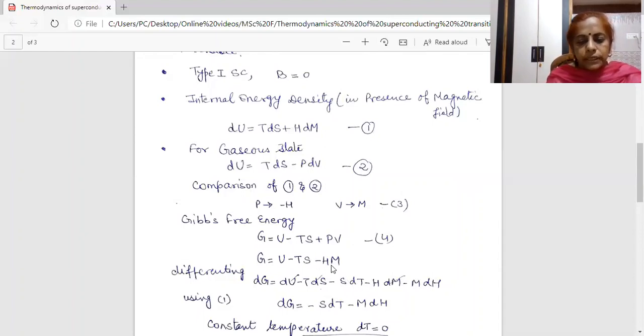Now differentiating HM, I first get H dM minus M dH. Here I have used my first equation, where dU equals TdS plus HdM. So what is the value of dU? It is TdS plus HdM. So these terms cancel out and I got my expression dG equals minus S dT minus M dH.